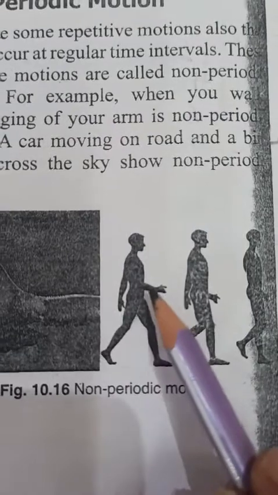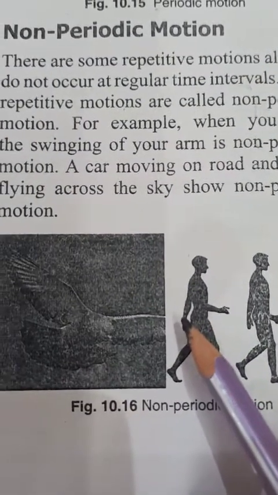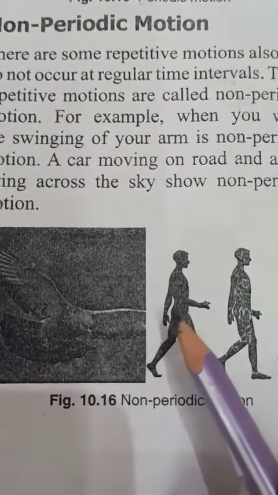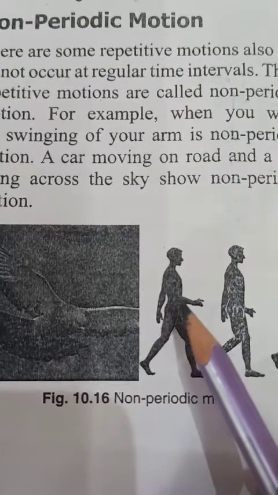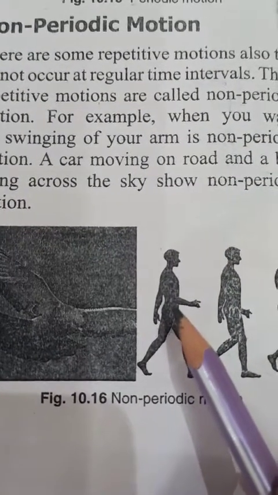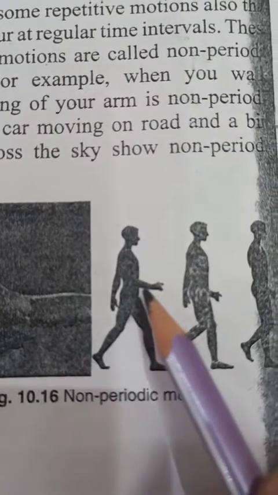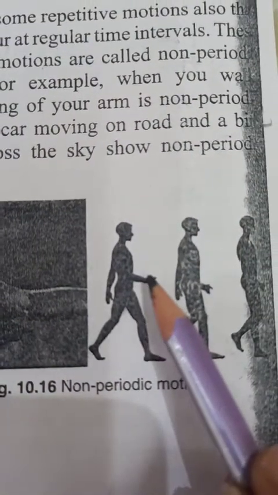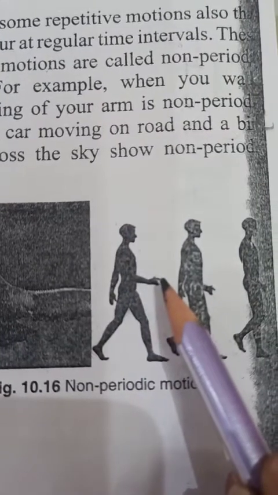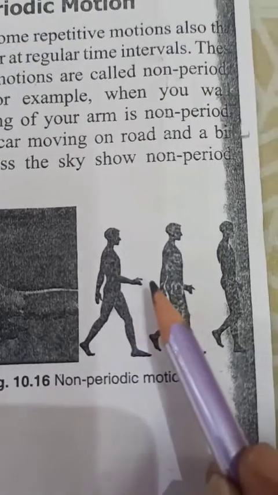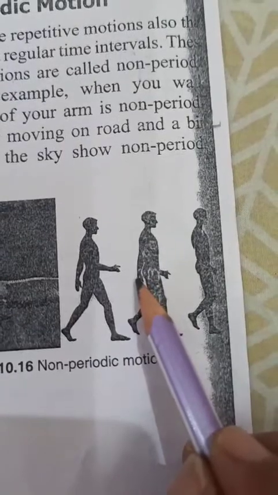This swinging of our arms shows a kind of motion which cannot be called periodic motion, because sometimes we walk faster and at that time we swing our arms faster.